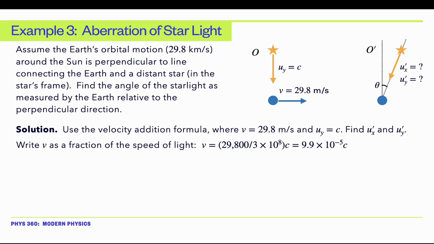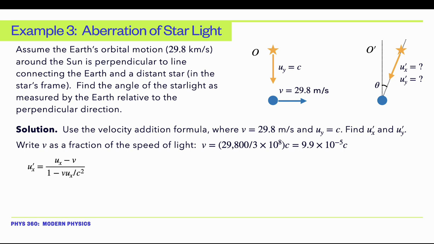It'll simplify the calculations a little bit to write v as a fraction of the speed of light. So if you take 29,800 meters per second divided by the speed of light, that's going to be 9.9 times 10 to the negative fifth times c. So a pretty small fraction of the speed of light.